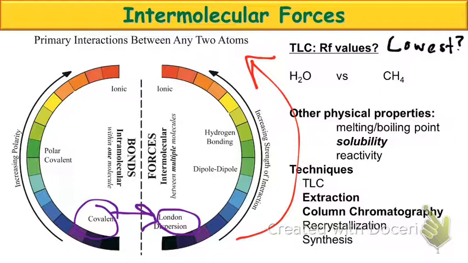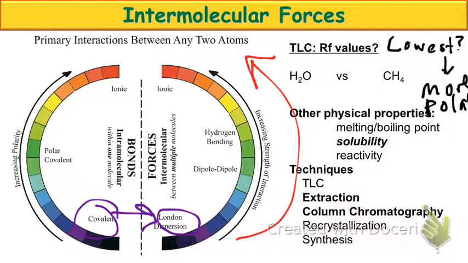We want to know which one's going to have the lowest RF. Well, what could we do? Lowest means what? It means more polar. Hey, that's kind of written on there. More polar. So if it's more polar, we're going to expect a stronger intermolecular force.